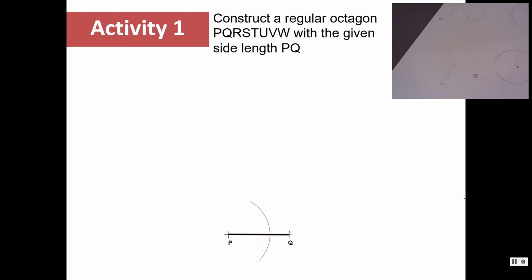First of all, what you need to do is to find the midpoint of PQ in order for you to construct a perpendicular line.